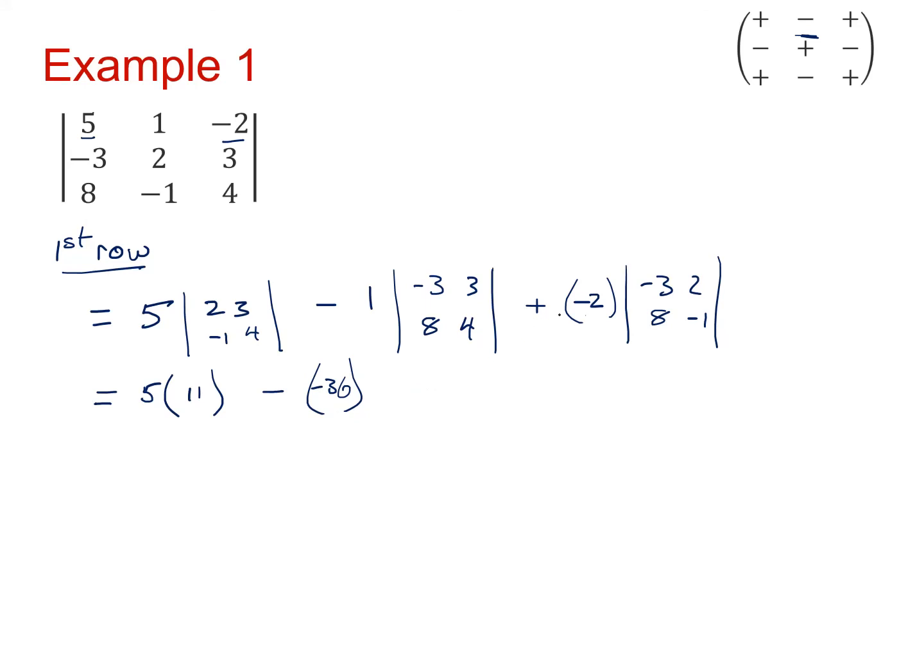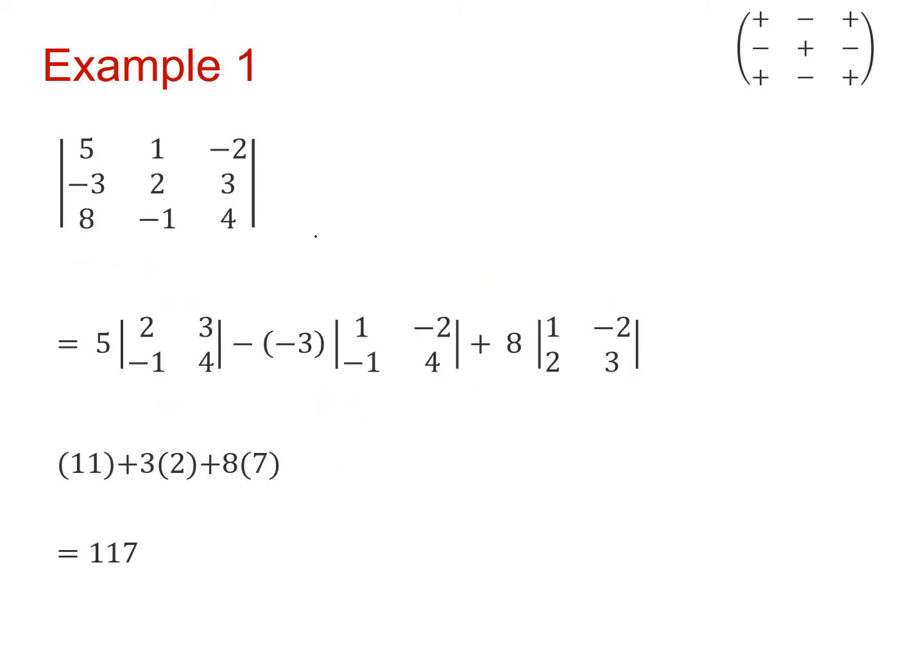And then I get minus 2 times, this is 3, take away 16 is minus 13. Work that on through, I get 55 plus 36 plus 26, and that gives me a total of 117. And there is that worked out for you.